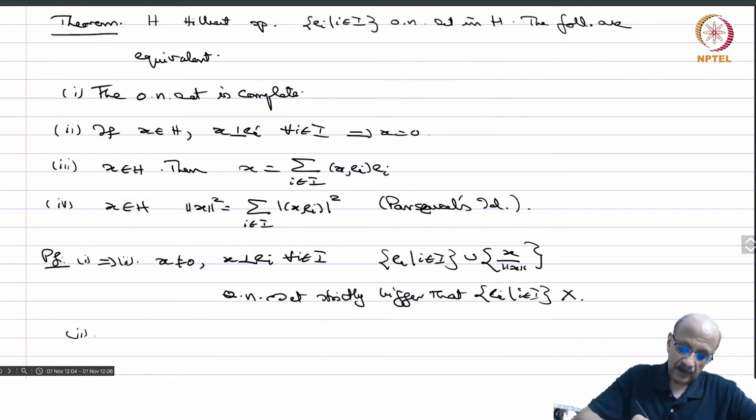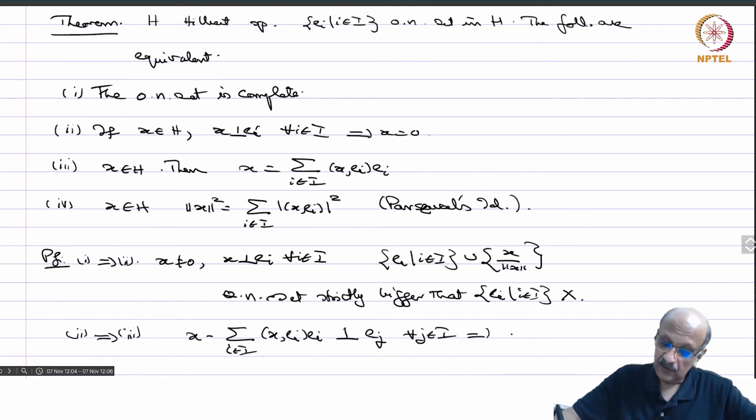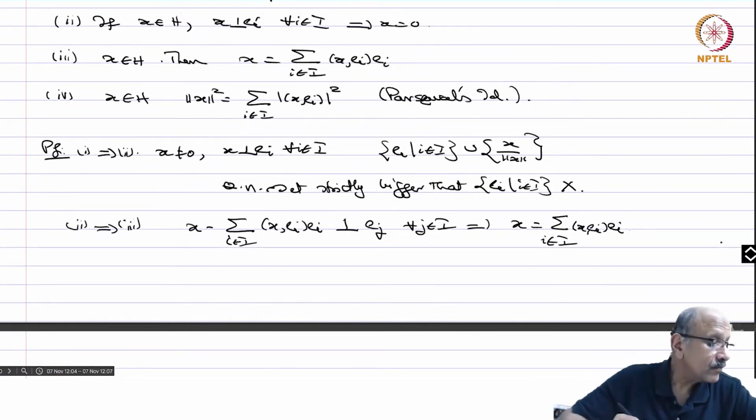2 implies 3. We already saw that x minus the sum over i in I of (x, e_i) e_i is orthogonal to e_j for all j in I, and this implies x equals the sum over i in I of (x, e_i) e_i, because that has to be 0. Now, 3 implies 4.